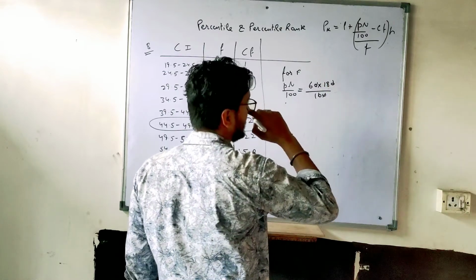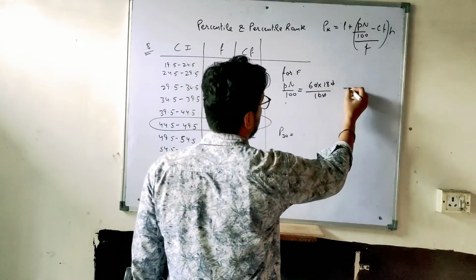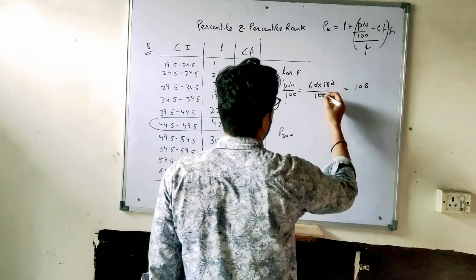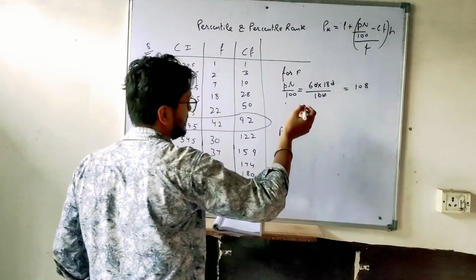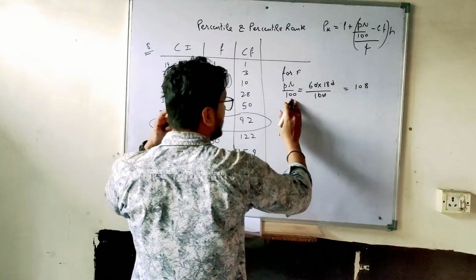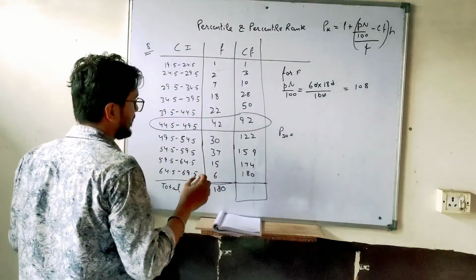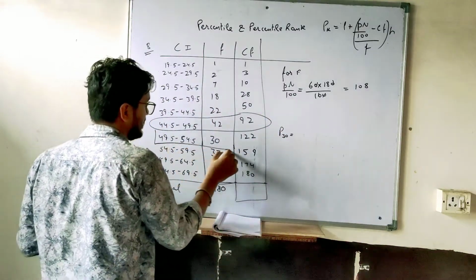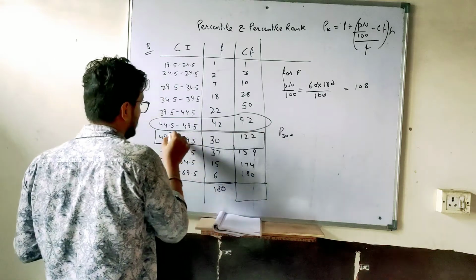So 18 six times, double of it is 108. So 108 will lie in this class.